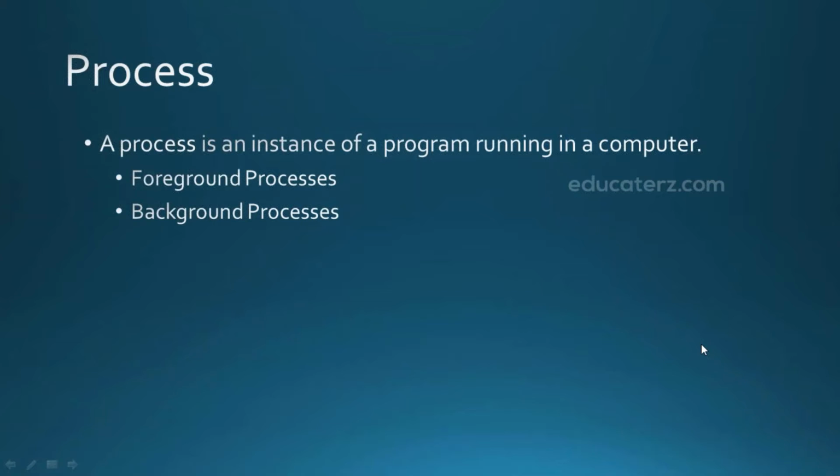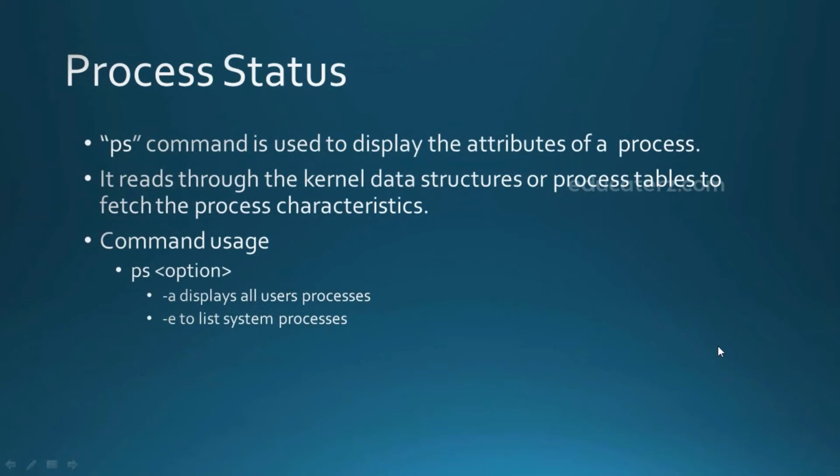That process is called a foreground process. Your antivirus might be running continuously in the backend, so that can be considered a background process. In Unix, what the background and foreground processes are, and how to take a job to the foreground and background, we will check while we are working on the terminal.